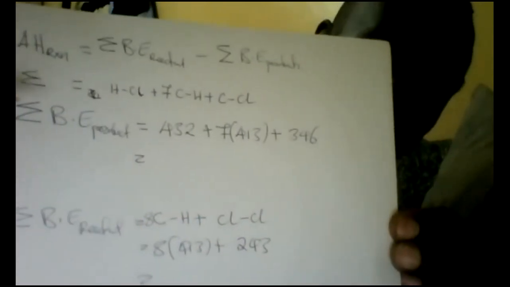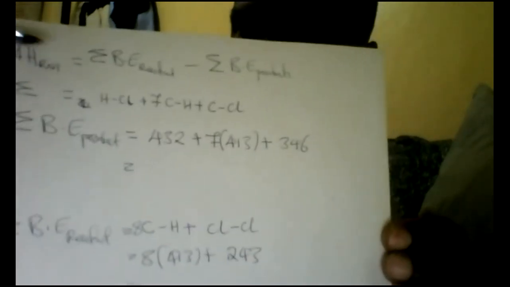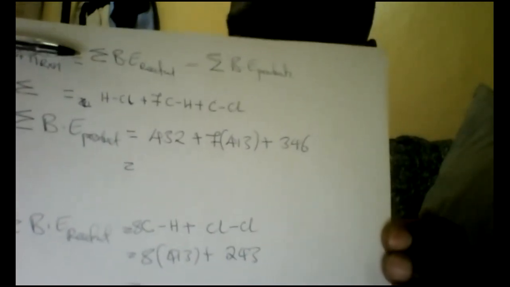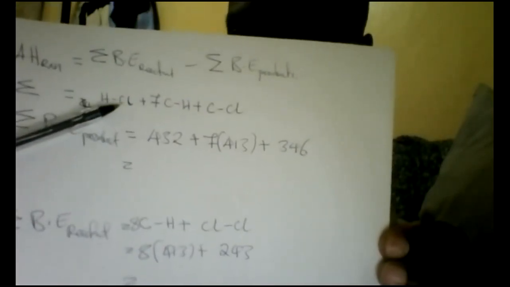Okay, so what I'm trying to explain to you here is this. Once you have written your formula, you have the chemical equation, the formula given there, then you find the sum of the product. So how many HCl bonds do you have on your product? You only have 1.